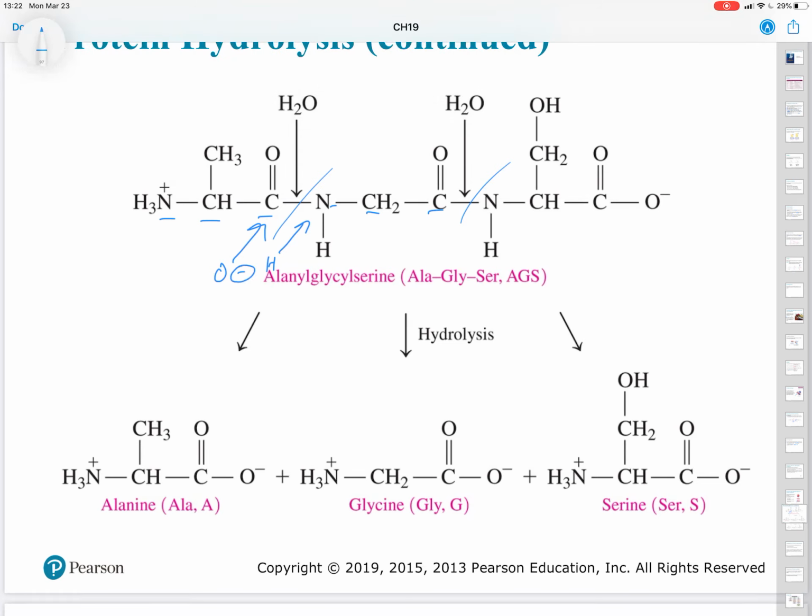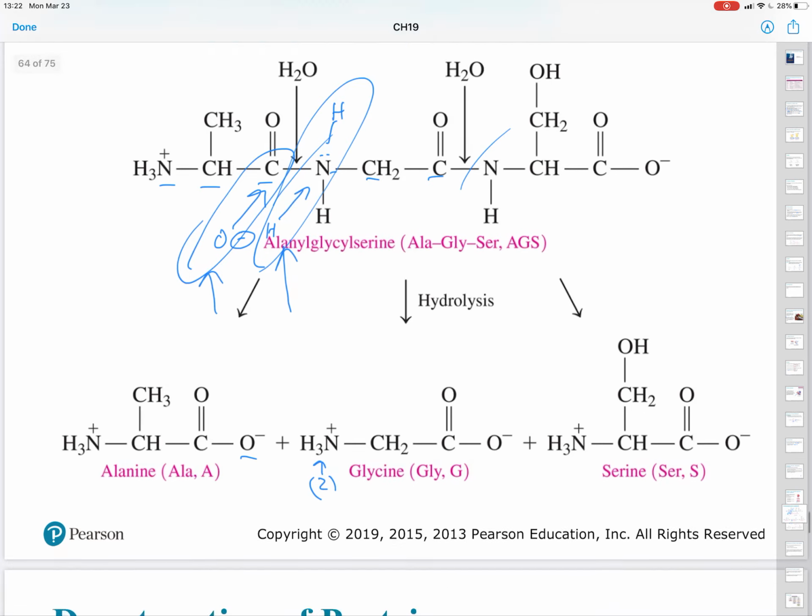And because the free-floating nitrogen will have a lone pair and there are hydrogens around, it'll gain that H. So this is one of those times where we're going to add water, but we're going to add only O to the carbon, and we're going to add the two H's to the nitrogen. This only happens because this is acidic and the nitrogen is basic. And yeah, so that's where the water went, the O and two H's.